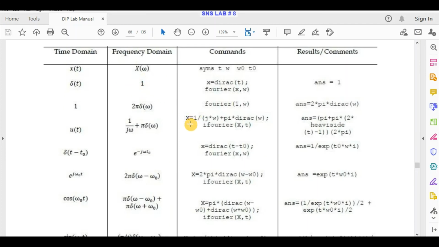The third column is used for MATLAB commands. You can check the commands from here, and the fourth column shows the result after executing that command.